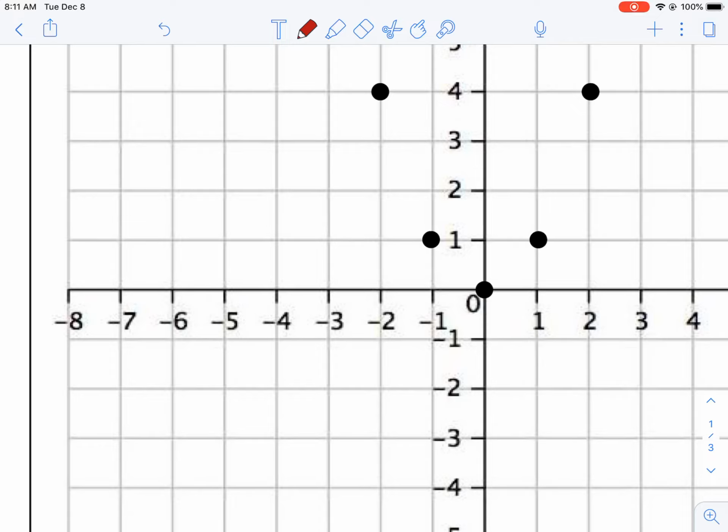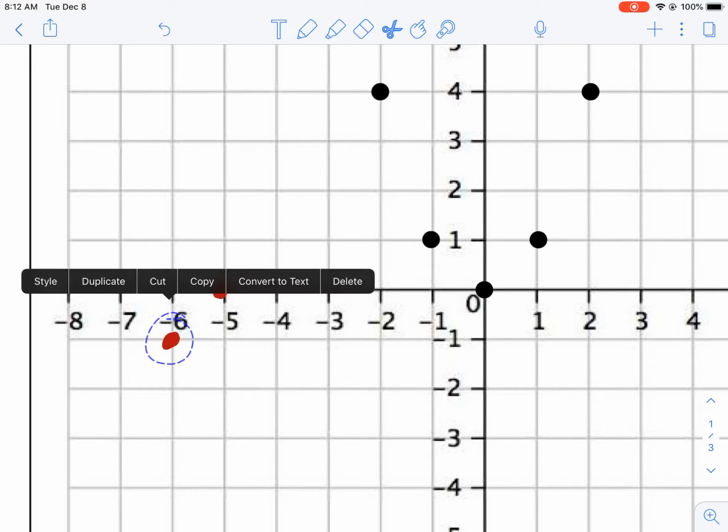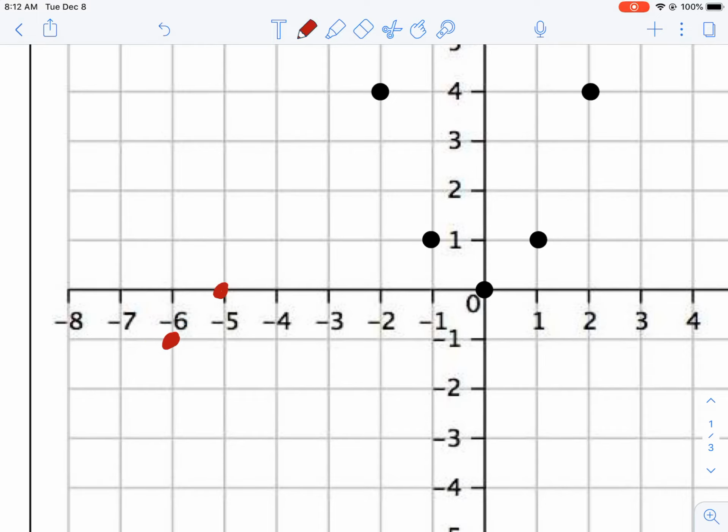So we're going to go over to the left by 5 there. We're going to take these other 2 points. So if I'm looking at this point right here, I'm going to go 1, 2, 3, 4, 5, but then it needs to go down 1 instead of up 1. The other point right here, we're going to be going over 1, 2, 3, 4, 5, and then down 1.